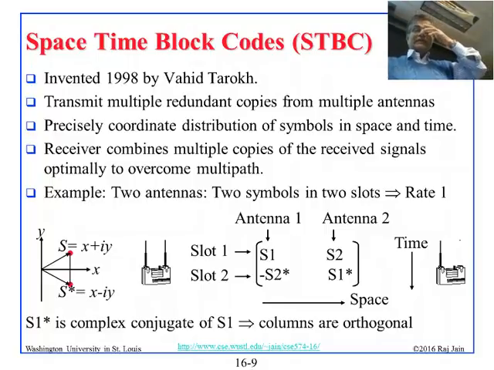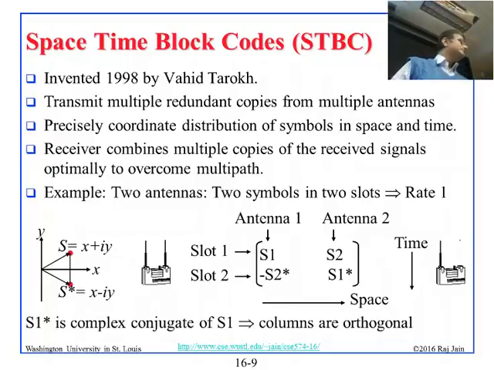This was invented by Vahid Tarokh, 1998, and it basically started a whole new series of STBCs. This is not just 2 by 2. Whatever number of antennas you have, whatever number of slots you want, you can design something. So there are extensions of it.